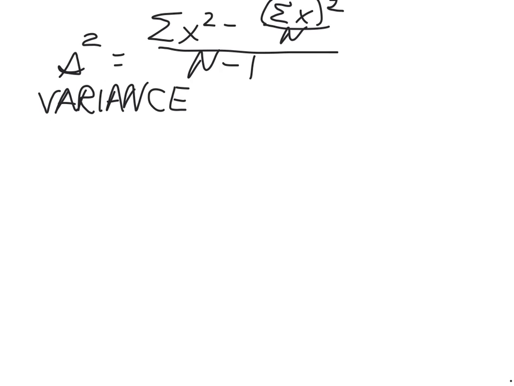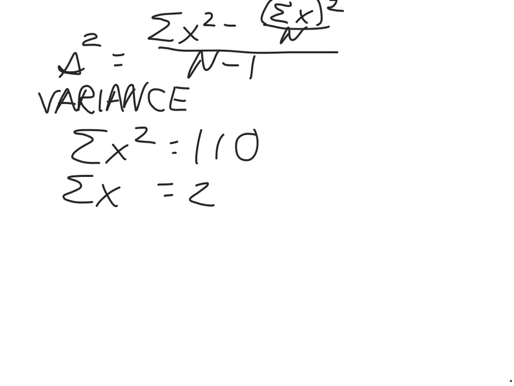All right, let me go back to the previous page for a moment. Okay, now we're... Sorry about that. Okay, the summation of the x's squared is 110. That's the total of the second column. The summation of the x's, that's the 20. Okay, so don't panic. Not even for a second.